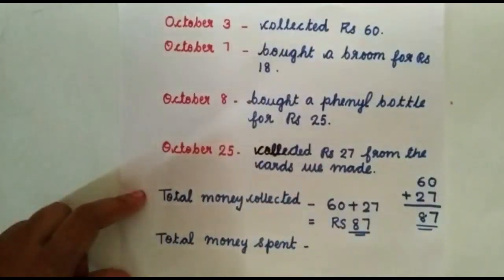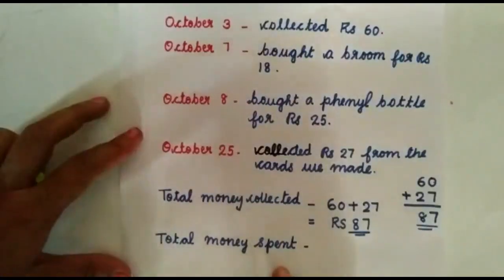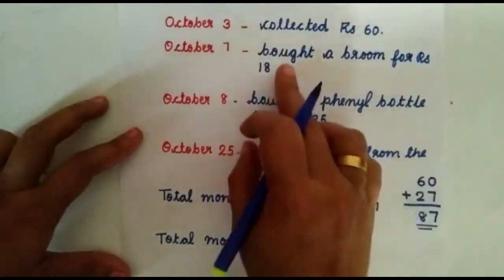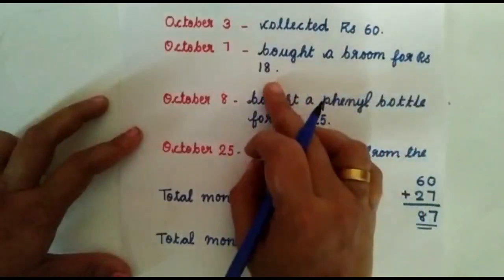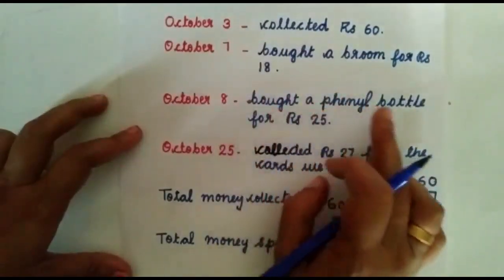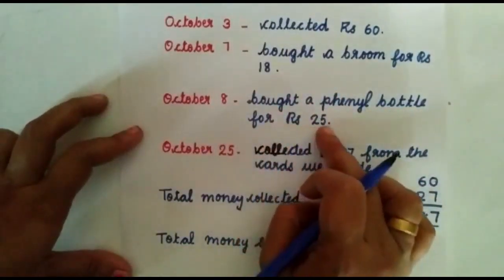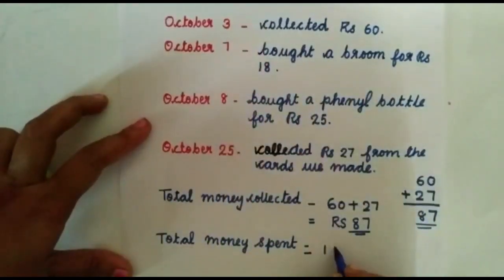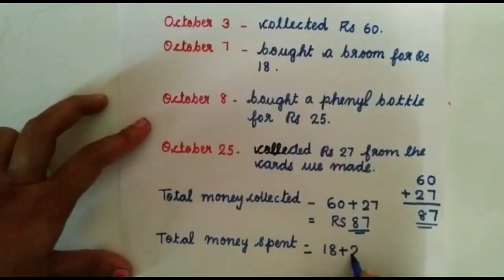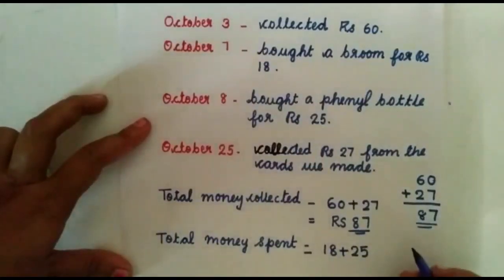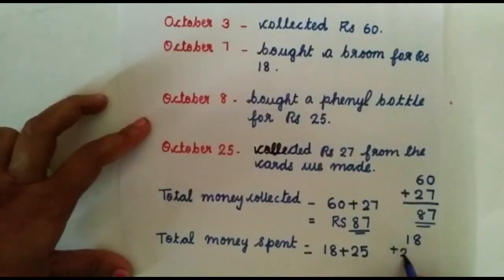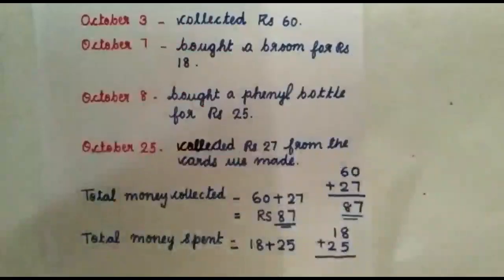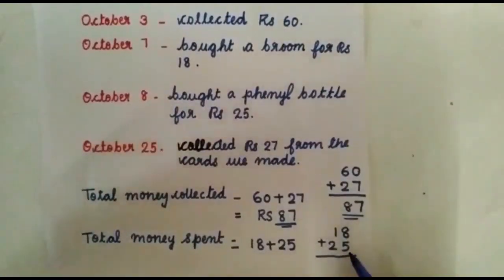Now we have to find out the total money spent. That is, she bought a broom for rupees 18 and also she bought a phenyl bottle for rupees 25. So we have to add these two. 18 plus 25. First add 8 plus 5.